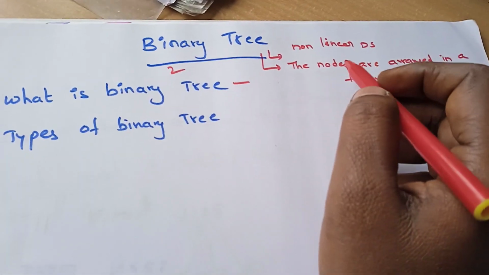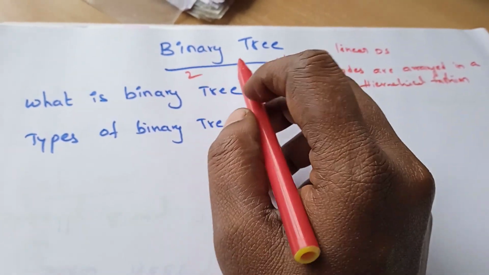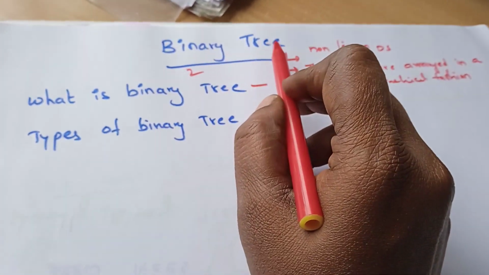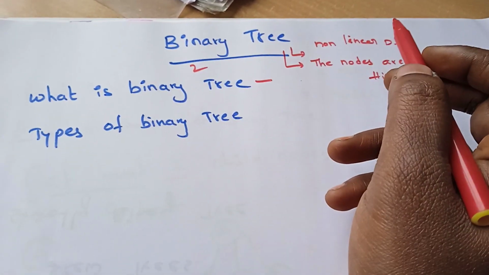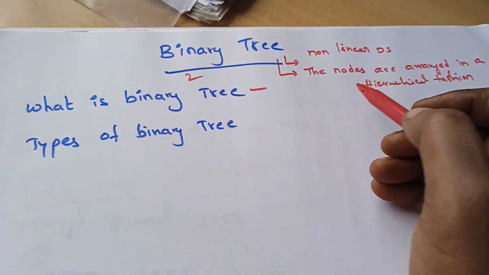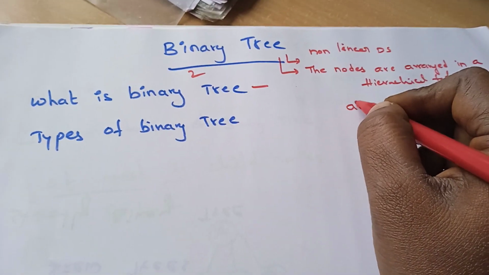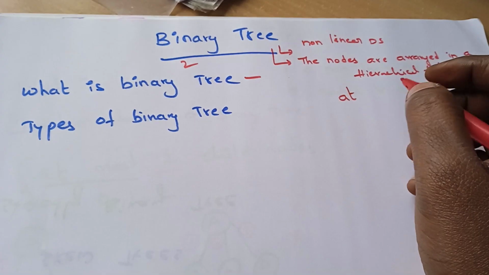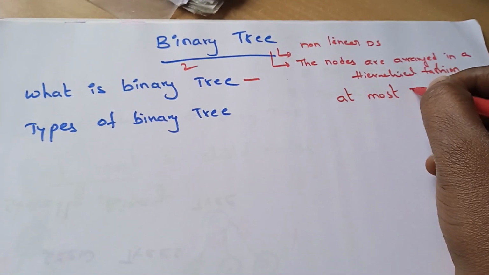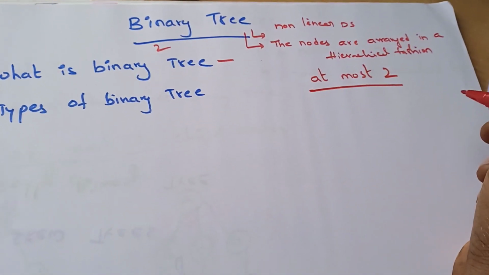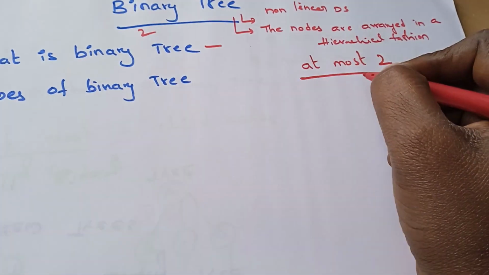Now we are going to talk about binary tree. Binary means two. So the definition of a binary tree: a tree is called a binary tree when the maximum number of children nodes for one node is at most two.